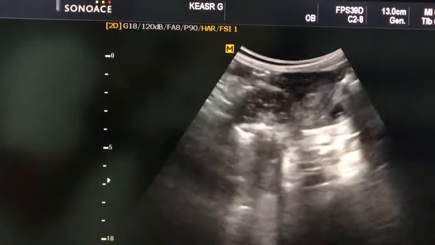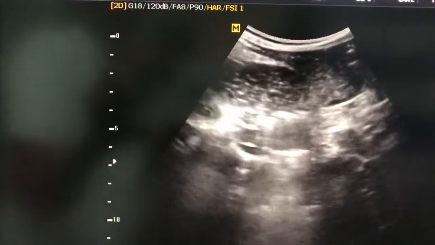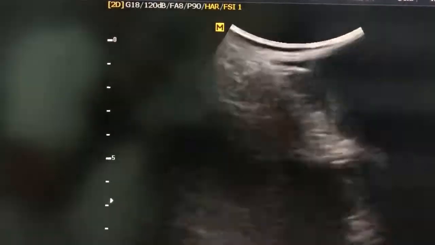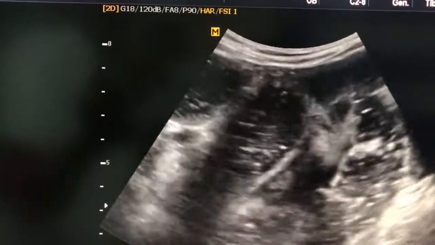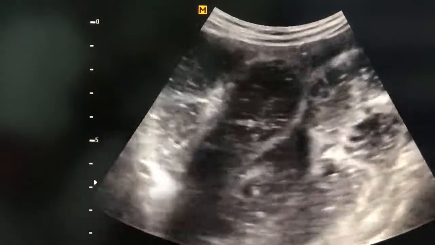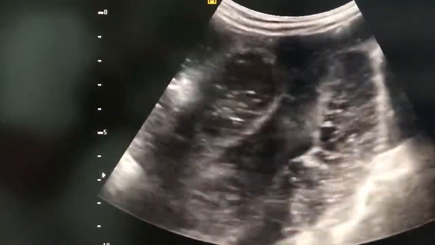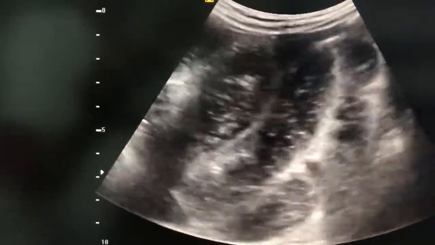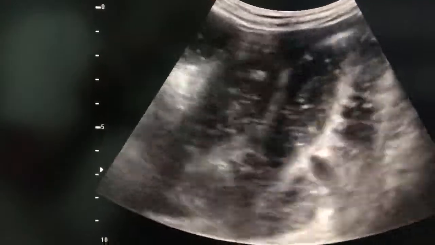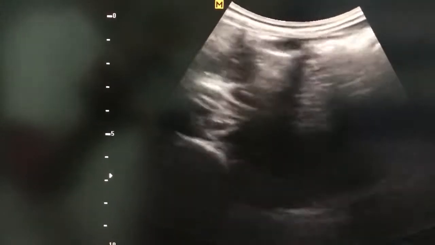This is left hypochondrial region, here also dilated, but these are jejunal loops. And previously what we saw were ileal loops. Probe is placed on left iliac fossa. Jejunal loops we can see by placing the probe in left hypochondrial region.